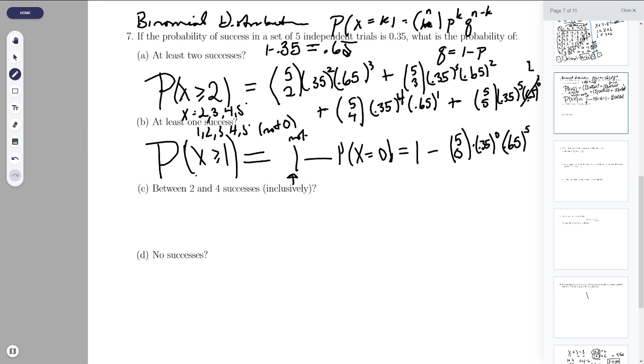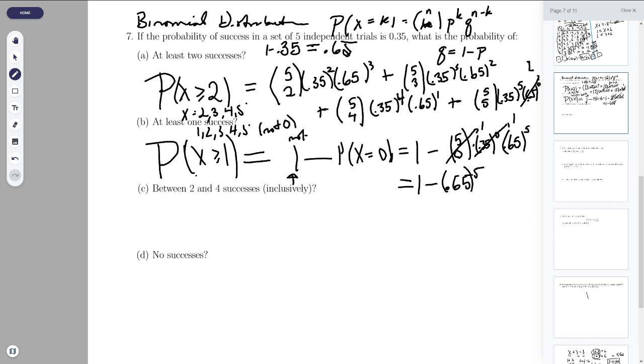As it turns out, this is a very easy thing to compute, because 5 choose 0 is 1 and 0.35 to the 0 power is 1. So the only thing we have to do is 1 minus 0.65 to the 5th power. This is definitely a way shorter way to do this.